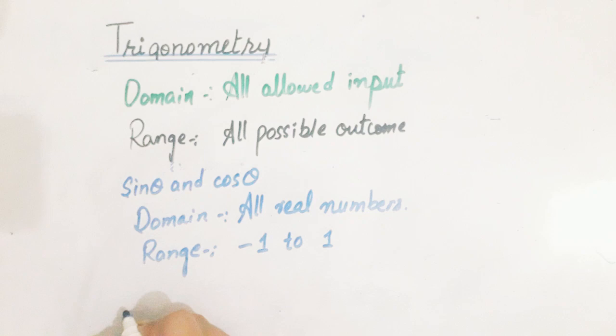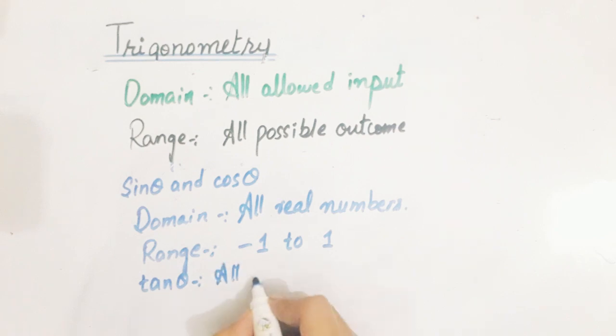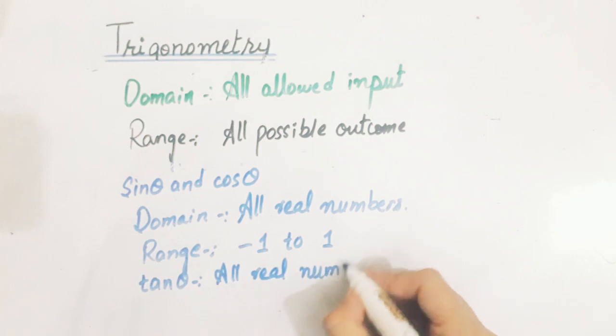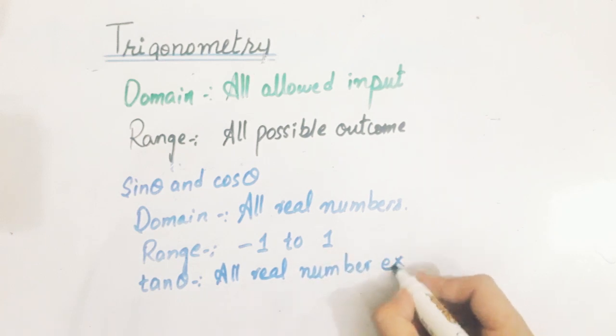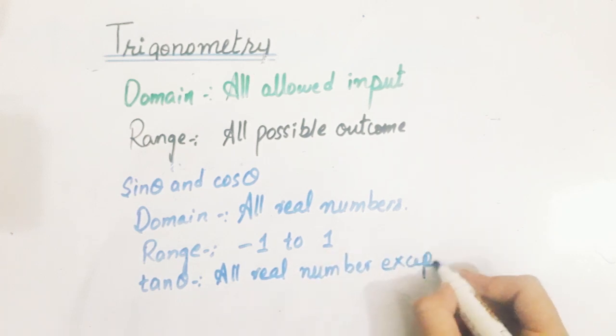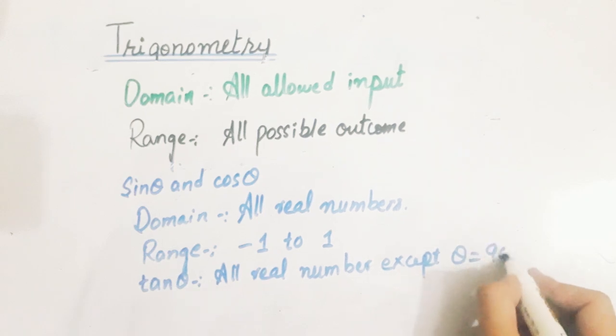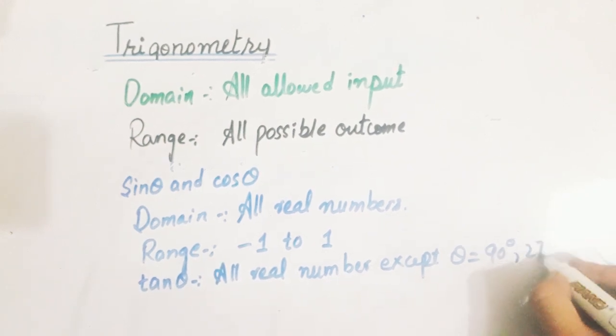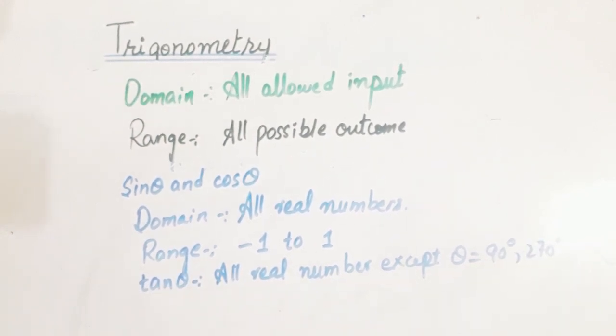And the condition for tan theta: all real numbers except theta equals 90 degree, because tan 90 degree will be undefined, or 270 degree, because at this value we will not get the value of tan.